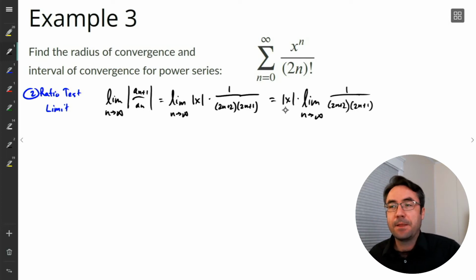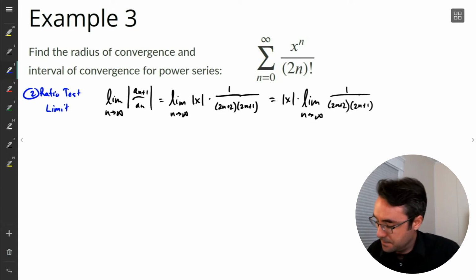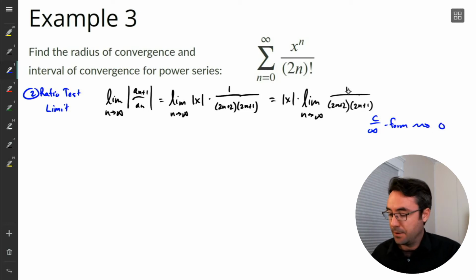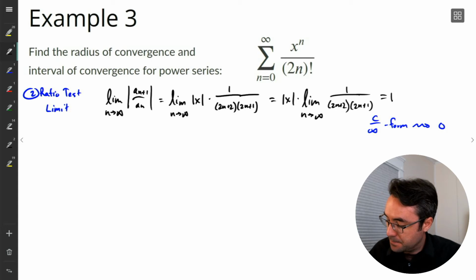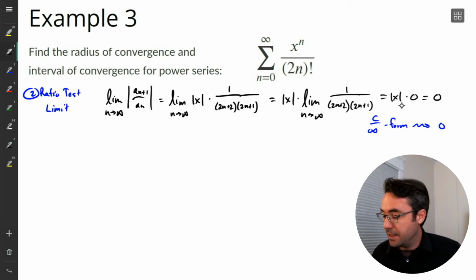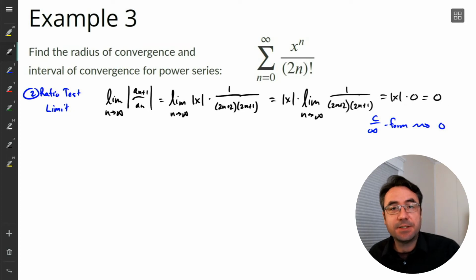So we do that. We have this absolute value term in front, and then we're doing the limit of 1 over 2n plus 2 times 2n plus 1 as n goes to infinity, and this is just a c over infinity form. So we know it goes to 0. The numerator is a constant, the denominator is getting really big, it's a c over infinity form, it goes to 0. So this limit is the absolute value of x times 0, which is just 0. So what we're seeing here is that no matter what x is, this limit is always 0.